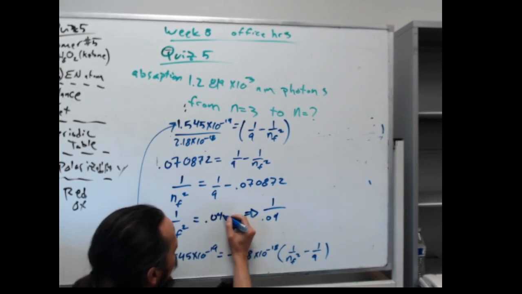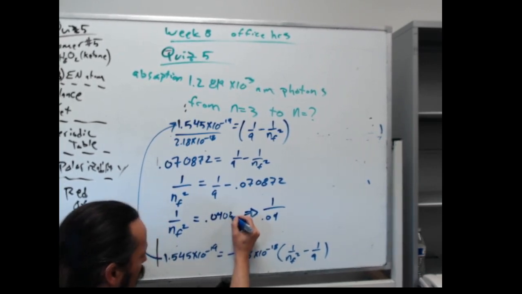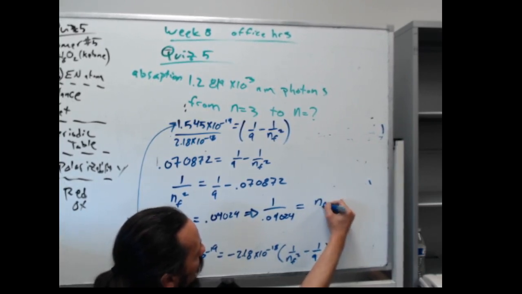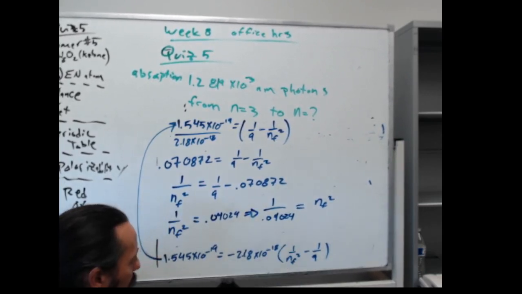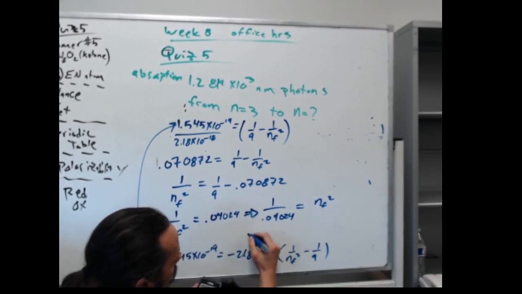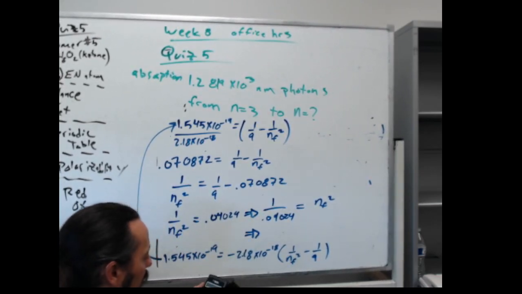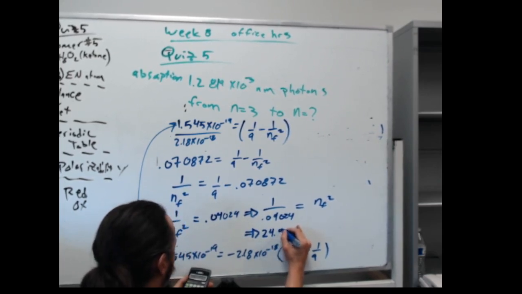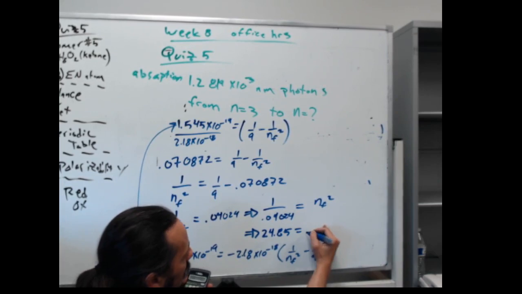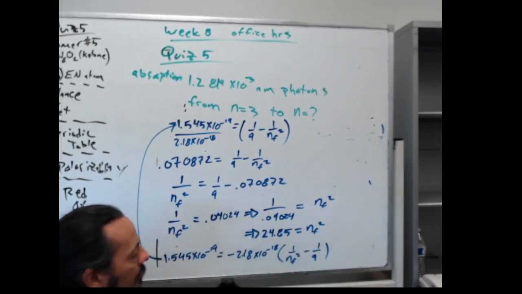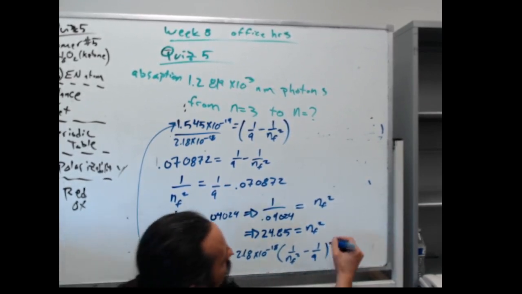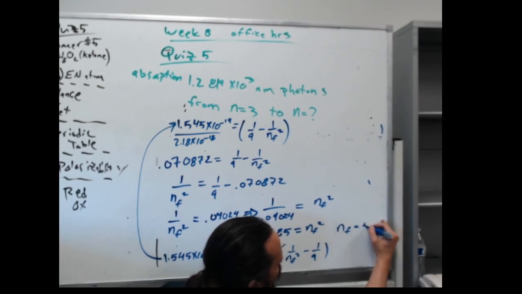I'm dropping zeros. 24.85 is equal to n final squared. Square root: 4.989. It's supposed to be 5. N final equals 5.